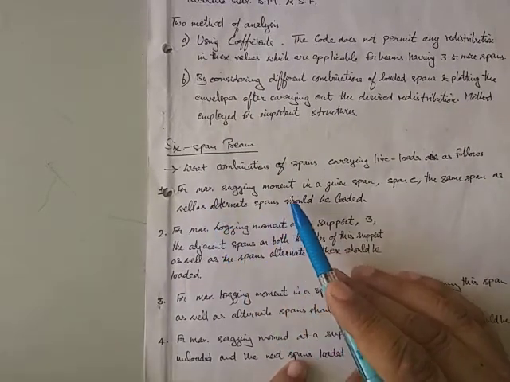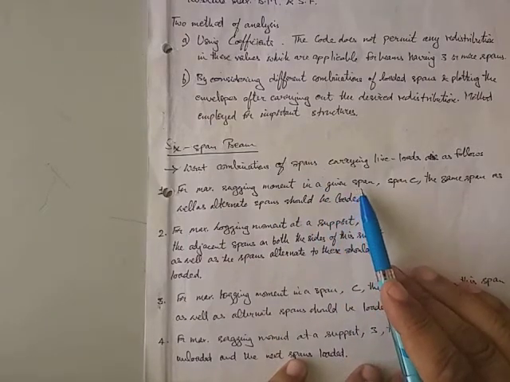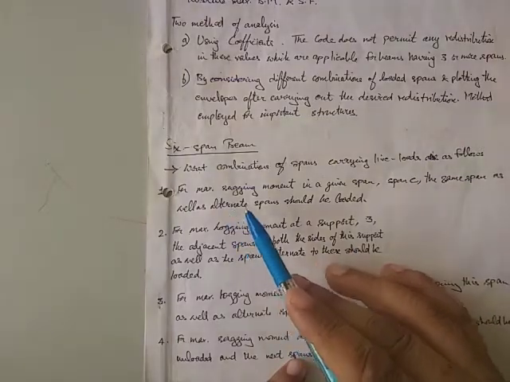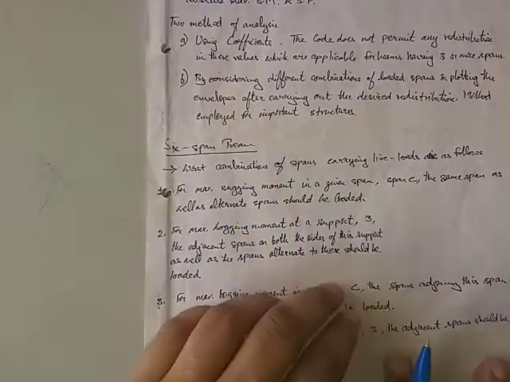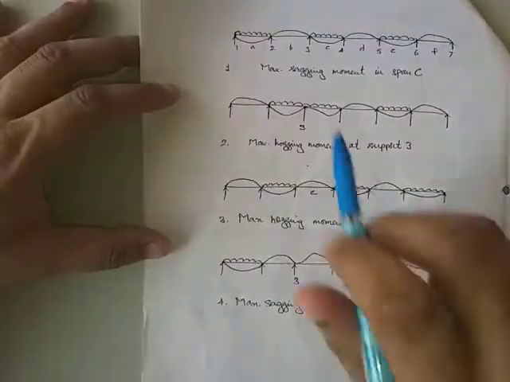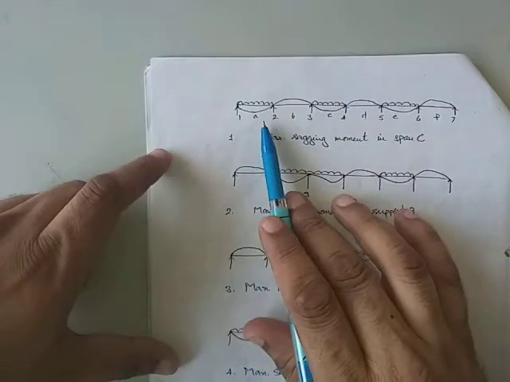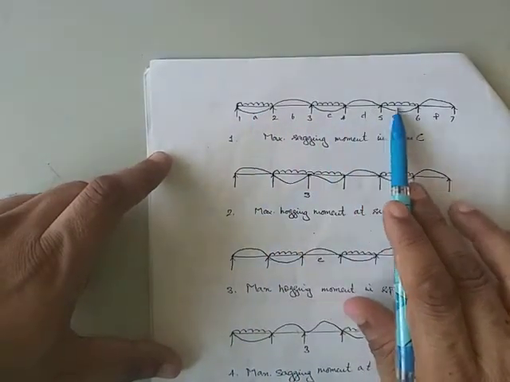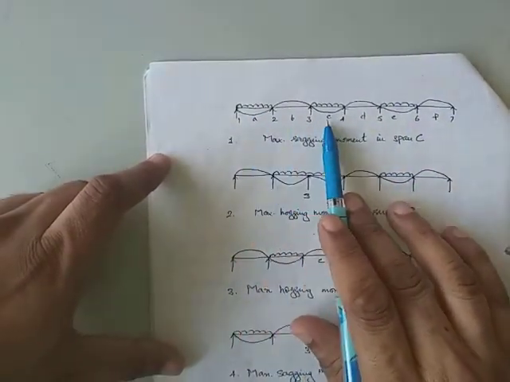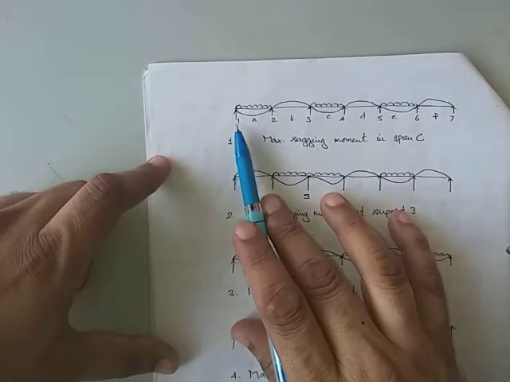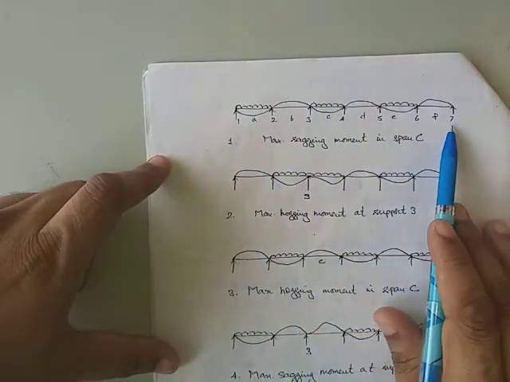For maximum sagging moment in a given span C, the same span as well as the alternate spans should be loaded. The figure says, for the maximum sagging moment in span C, I have taken 6 spans, named A, B, C, D, E and F. The supports are numbered 1, 2, 3, 4, 5, 6 and 7.